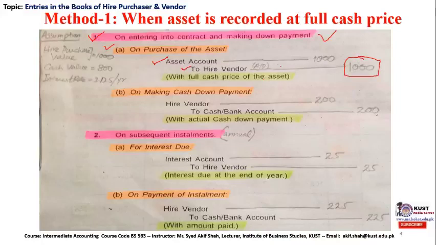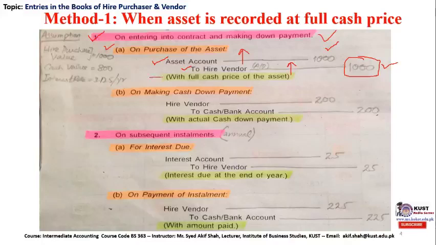This hire vendor account is the account payable or liability of the hire purchaser. Therefore, when there is an increase in the liability, it is recorded as a credit entry. Similarly, when there is an increase in an asset account, it is recorded by a debit entry. So the same has been done by us.